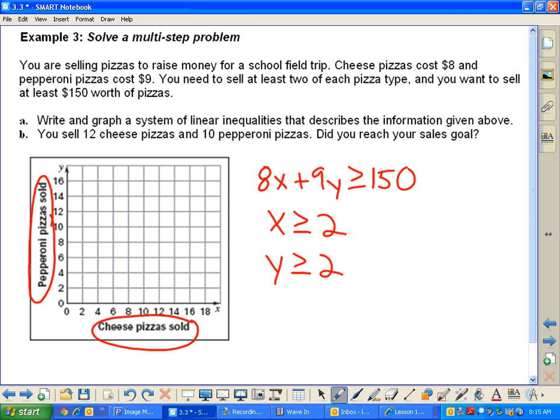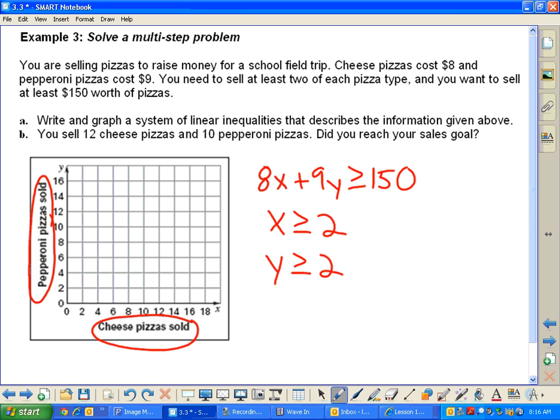And how did you get that? Anytime it's at least, we're talking greater than or equal to. Because it's going to be obviously more profitable to sell more than that, so that would be great. But you don't want to sell no pizzas. That's not much of a fundraiser, is it?